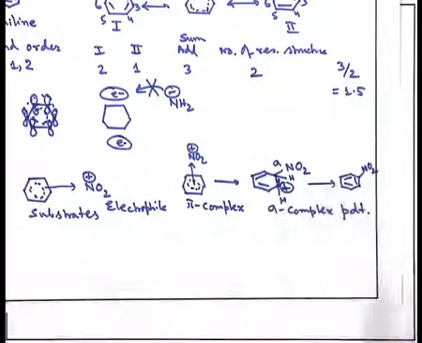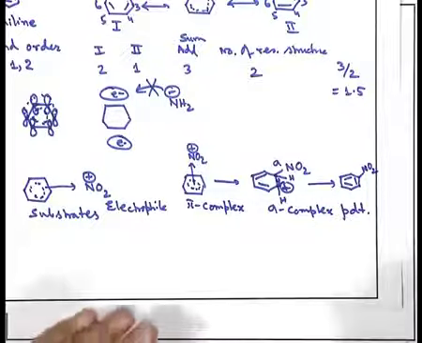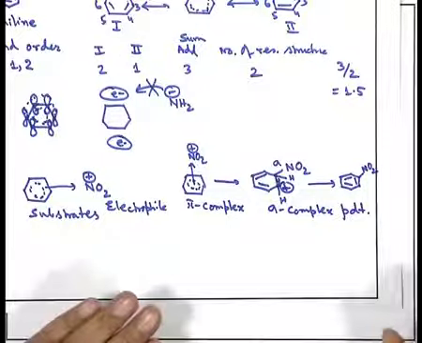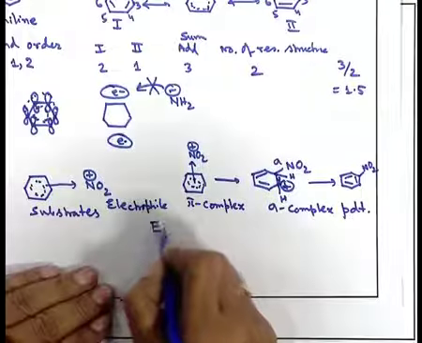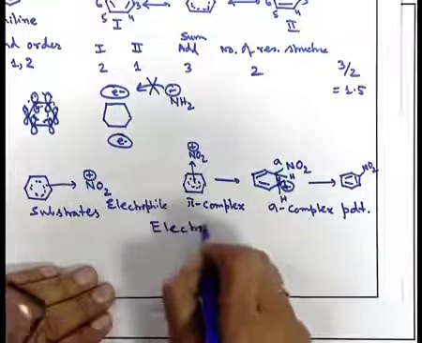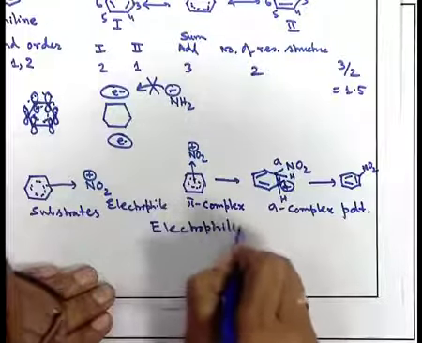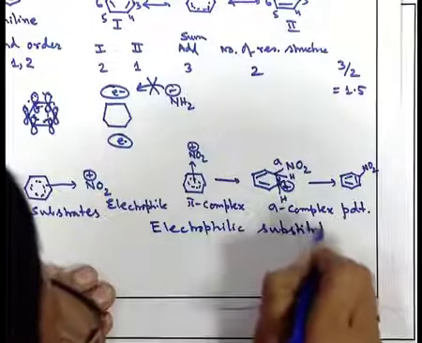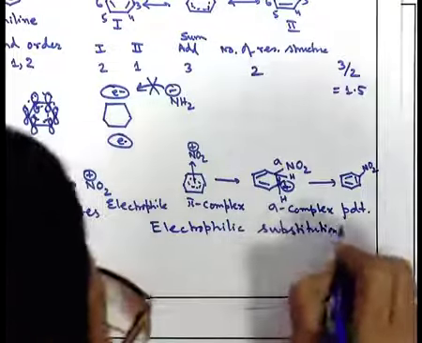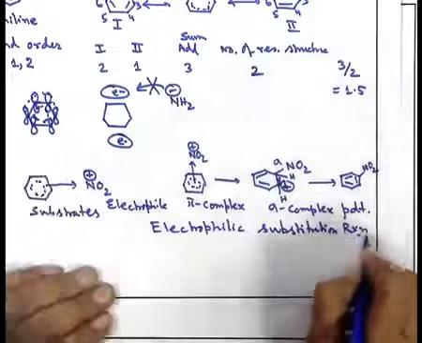The product is nitrobenzene. So, this type of reaction is called an electrophilic substitution reaction. Electrophilic substitution reaction is very common in aromatic systems.